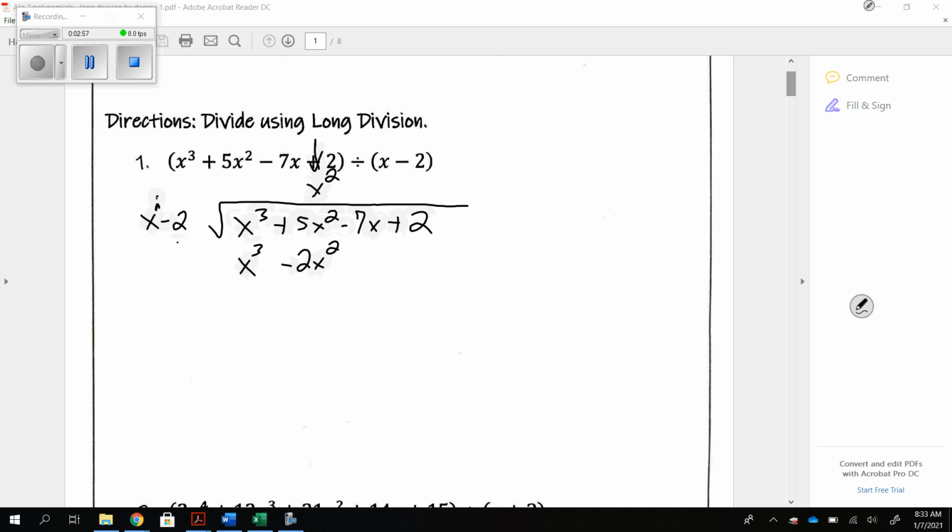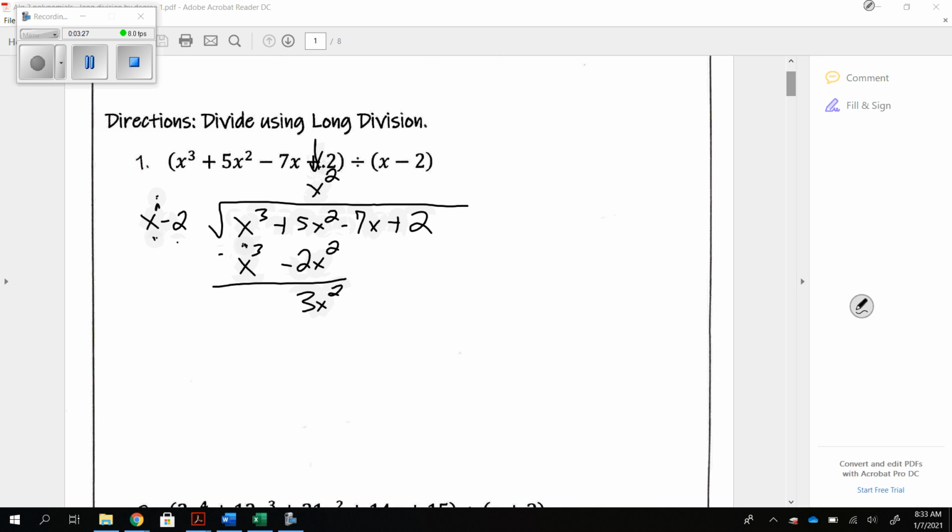If you don't know where I got that from, pause it, go back, look at it. All we did was take the first term and divide it by x because it's a like term, and we got x squared, because x squared times x is x cubed, and we want that gone. Because now when we subtract, just like in long division, that will cancel out.